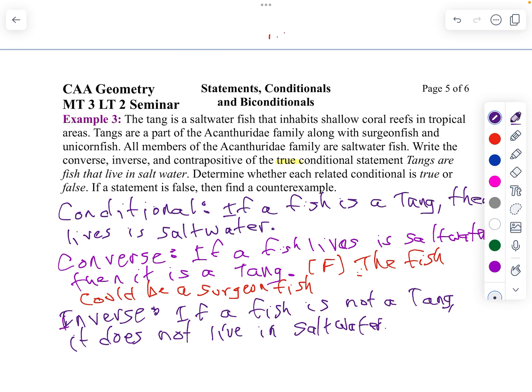Notice this is also false for the same reason.